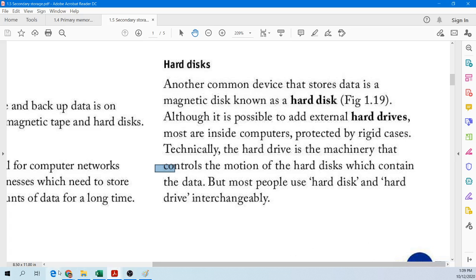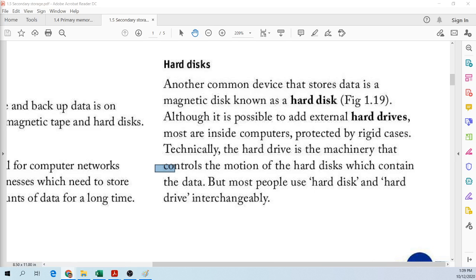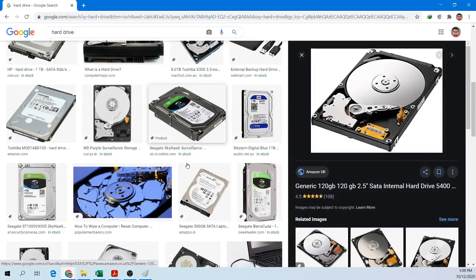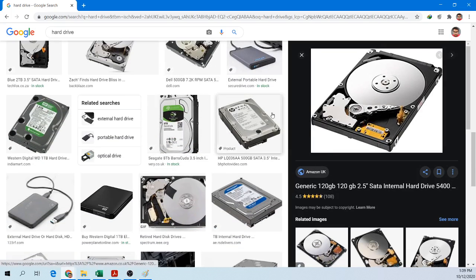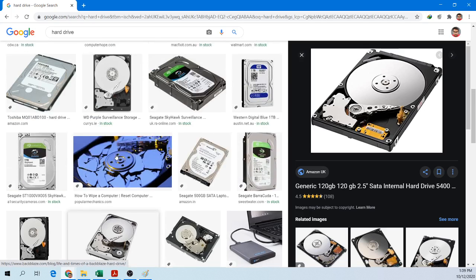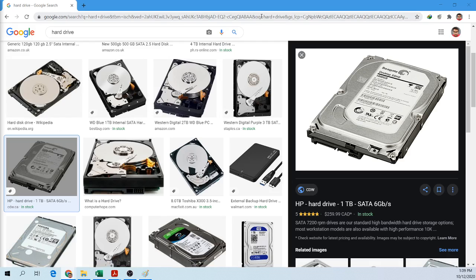Let me show you what a hard drive looks like. This here is what a hard drive would look like. This is it with the case. It's actually covered up. It's sealed pretty well so that you can't get inside.